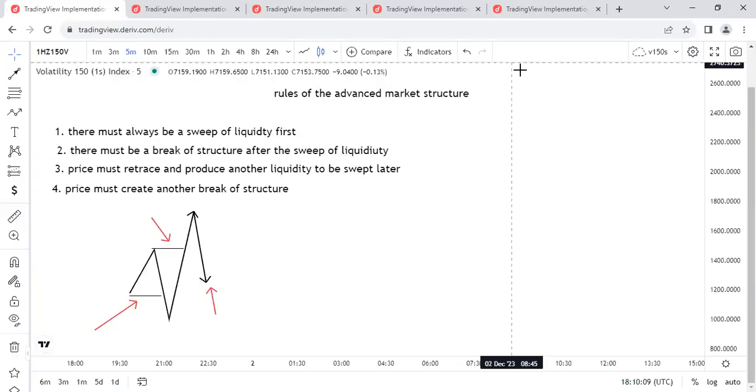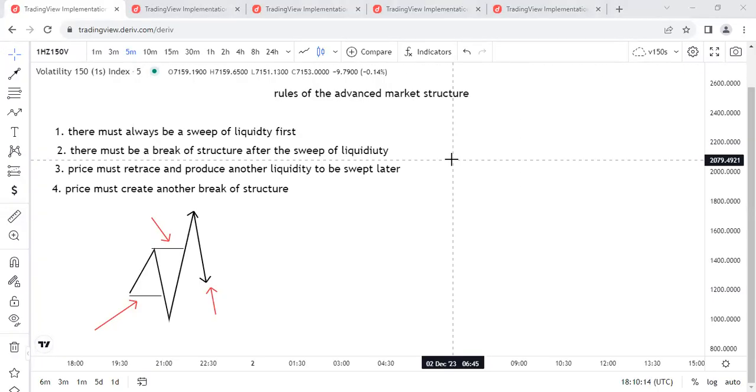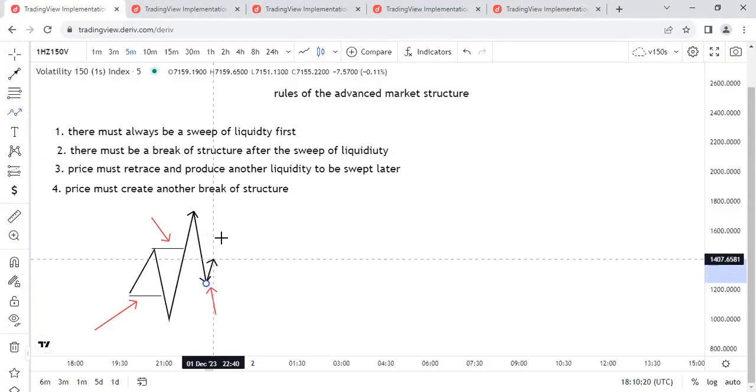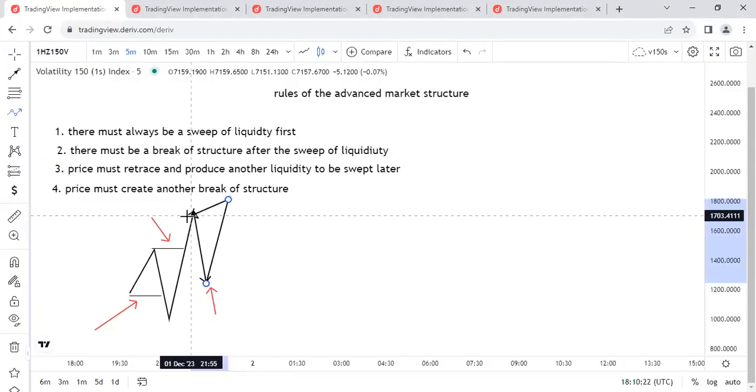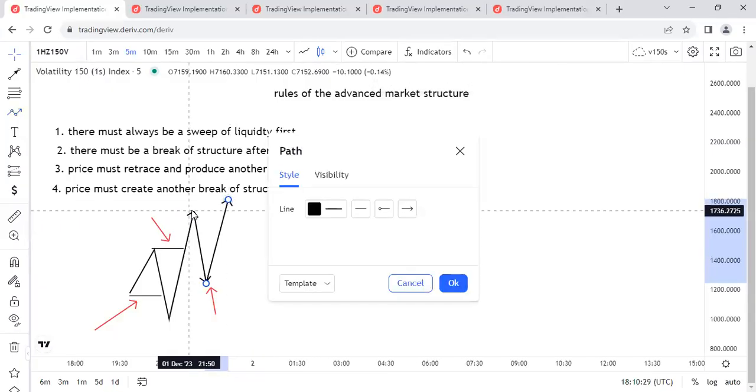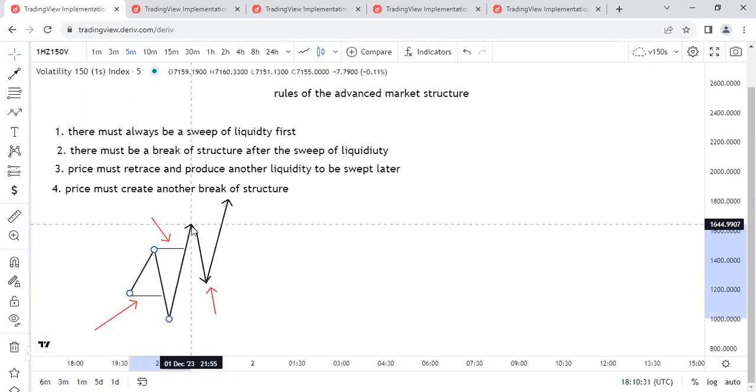It will never work. I swear with my life, trust me, I bet with everything I have in this life. It will not work. So price must create another break of structure. Watch this.